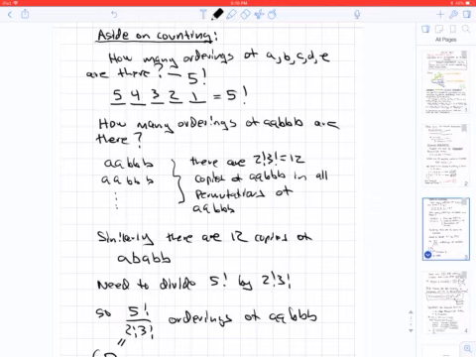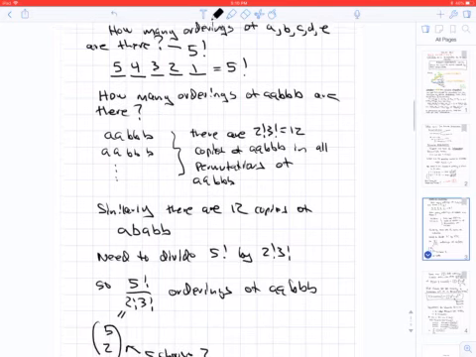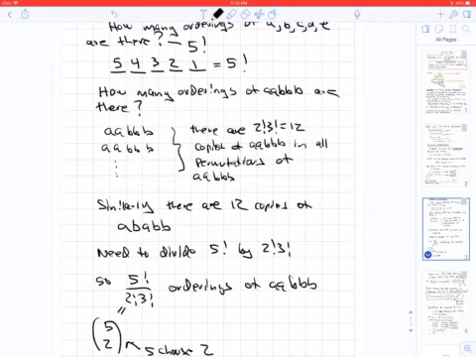So how many orderings are there, for example, of AABBB, if in this case the two A's are indistinguishable and the 3 B's are indistinguishable? Well, it's going to be less than 5 factorial, right? We have duplicates of AABBB. How many duplicates do we have?